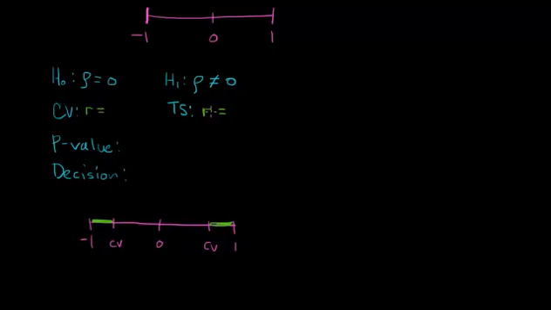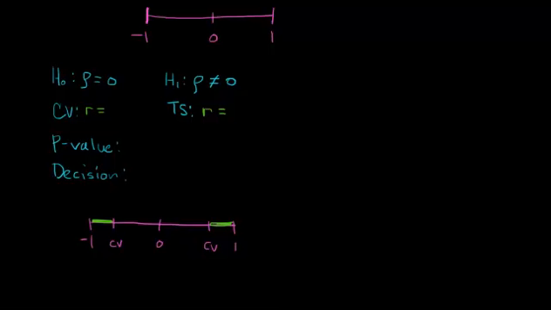The TI-83/84 technology will give us the test statistic and the p-value, just like we had with our hypothesis test of the mean and of the proportion. And then we'll make our decision. The decision choices are the same. Reject the null hypothesis, reject H0, or fail to reject the null hypothesis, fail to reject H0. So that hasn't changed at all.